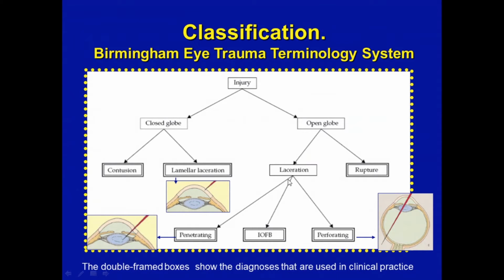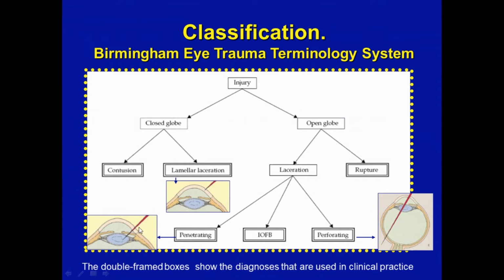As for the laceration, we divide these traumas into penetrating, when one part of the eyeball is affected, intraocular foreign body, and perforating, when we see two holes.